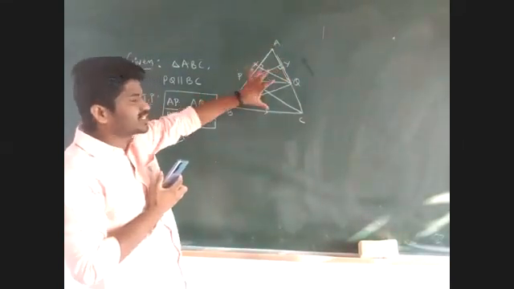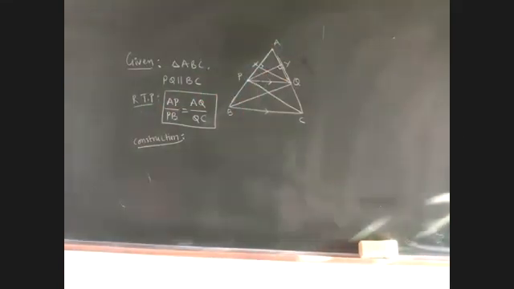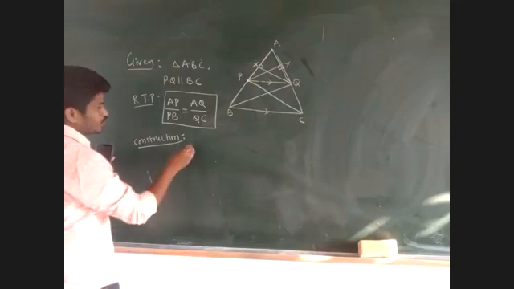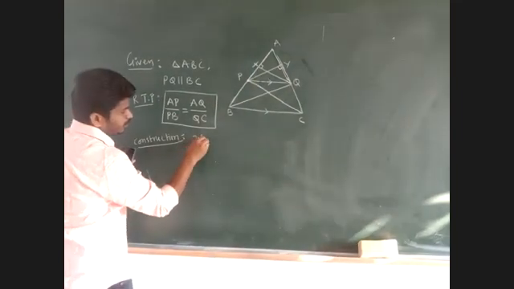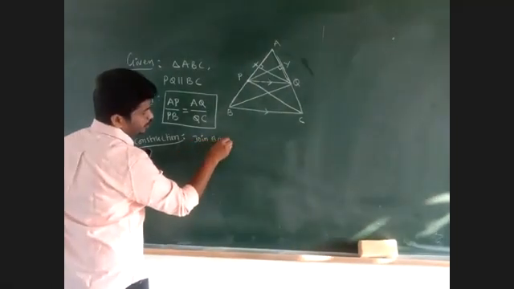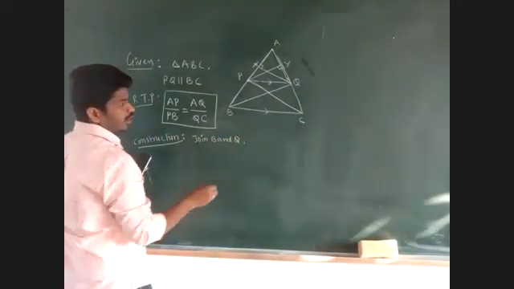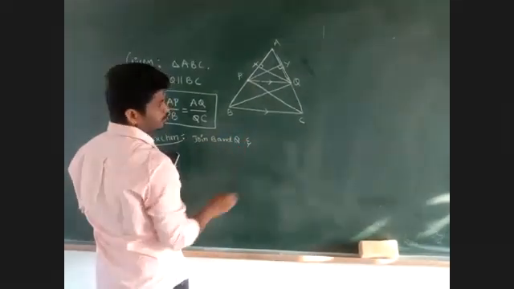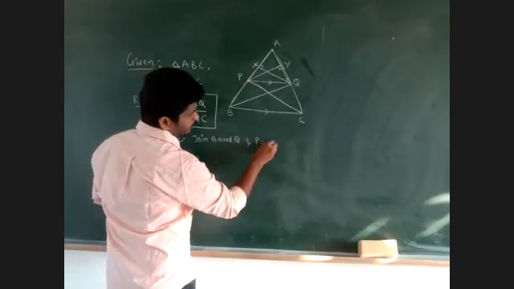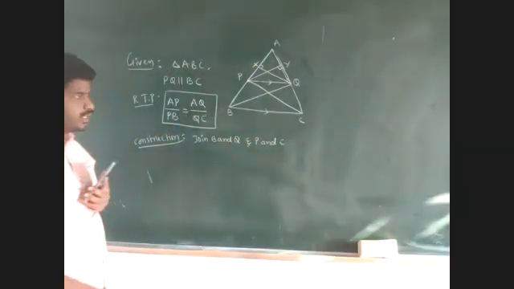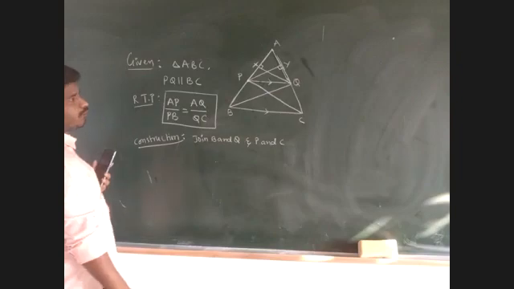So this is the construction of this triangle. Here, the construction is what? Join B and Q, and also P and C. One more construction is what?